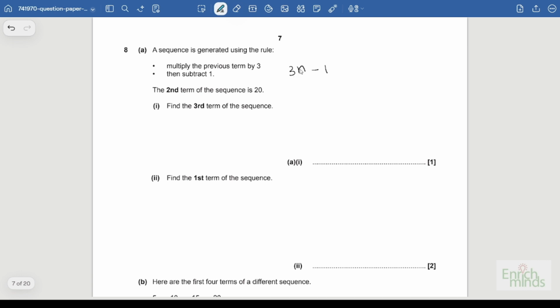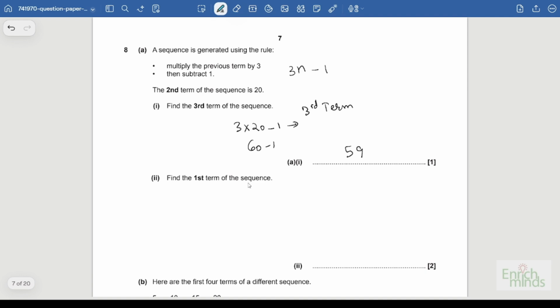So the previous term for the third term is the second term, which is 20. So I replace n by 20. So 3 times 20, take away 1, should give me the third term. So 3 20s is 60, take away 1 gives me 59, which is the third term.